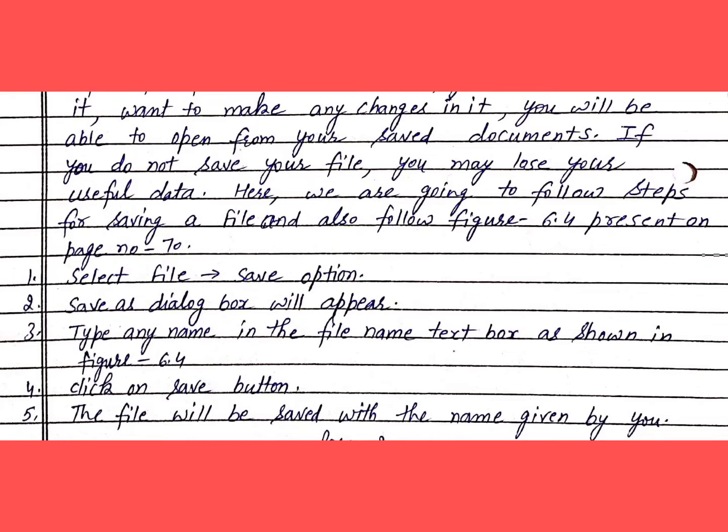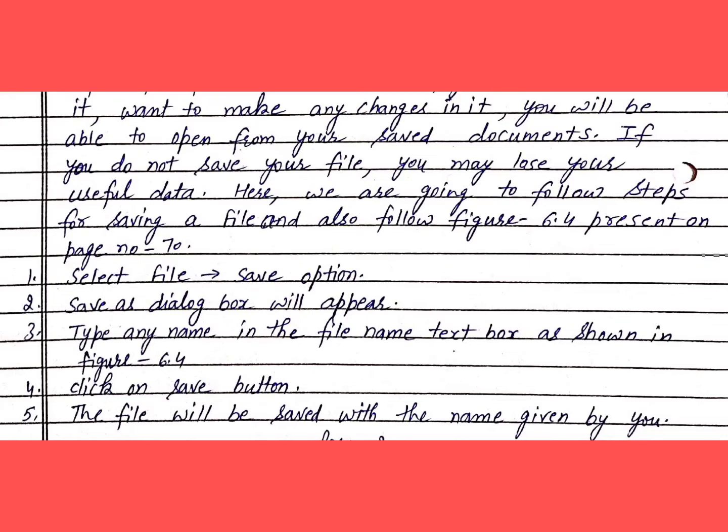Here, we are going to follow steps for saving a file and also follow figure 6.4 present on page number 70. Step 1. Select File, then click Save option. Step 2.